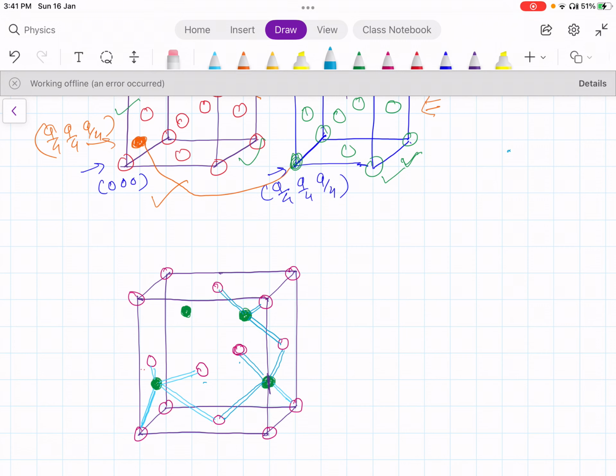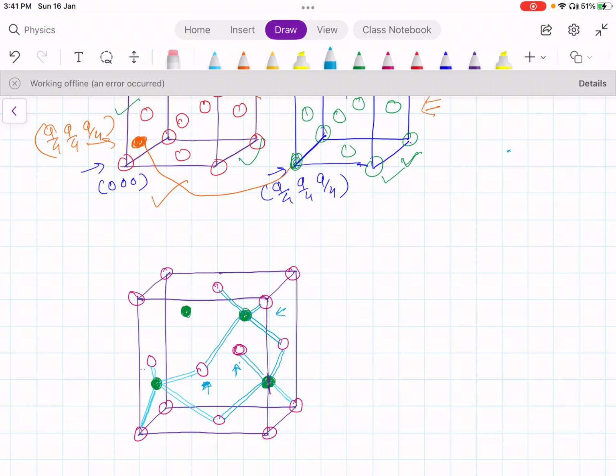And as I said, this is close to the front surface. There is one atom over here. This is the face center of the front surface. This is a face center of the backside surface. And this atom is close to the front surface, so it forms a covalent bond with the front face center atom, with this.